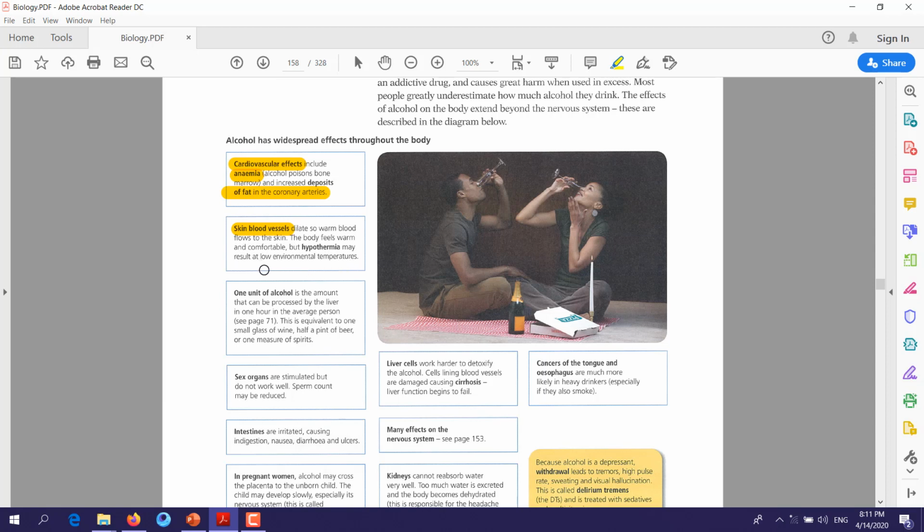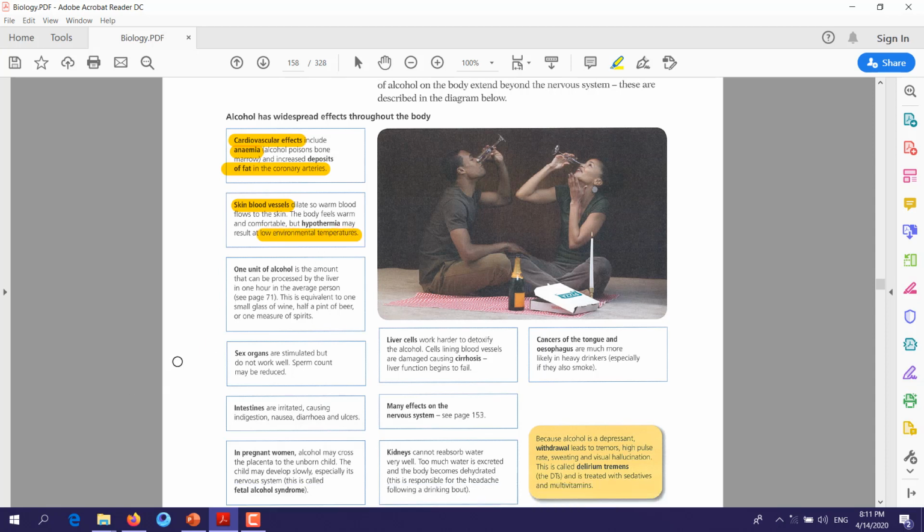If you remember what we mean by hypothermia, it's a condition when the body temperature is low. So in some cases if you drink alcohol, your body temperature will be low, especially in an environment that has low temperature.